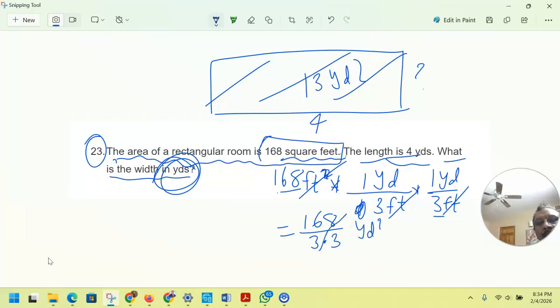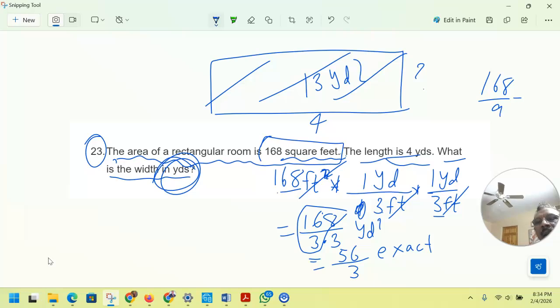We can cross out one of the 3s here, and you can see it goes to 56. We want the exact answer, because if you do 168 divided by 9, you'll get a decimal and you'll have to round it. So this will give you the exact answer.